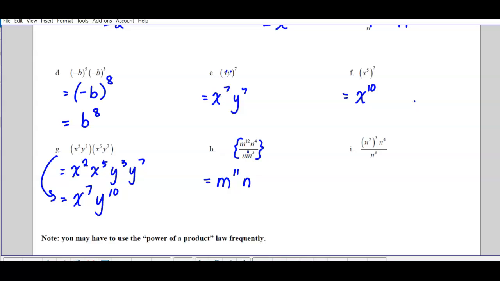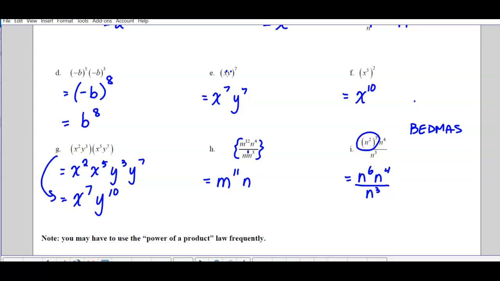Next one we have to consider order of operations. So I remember it this way, brackets first. So within the brackets, there is nothing to do. Then exponents, that would be this whole thing here. So we need to do that first. So power of a power, you multiply the exponents.